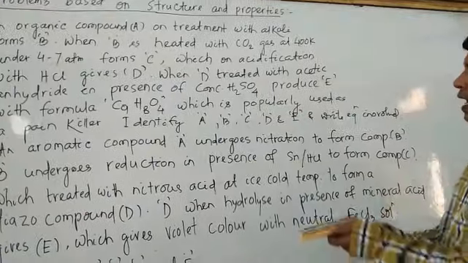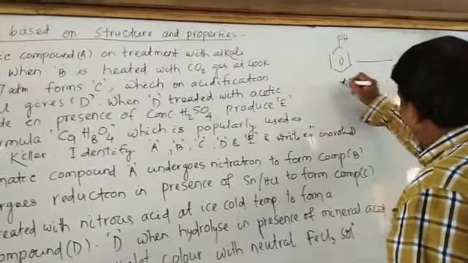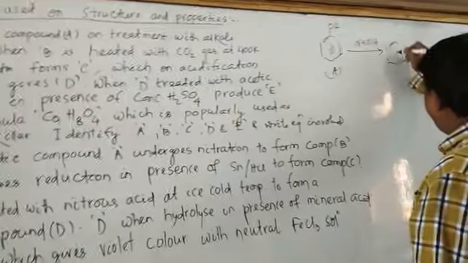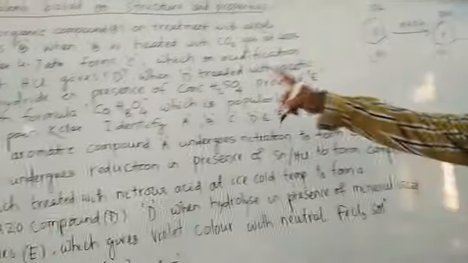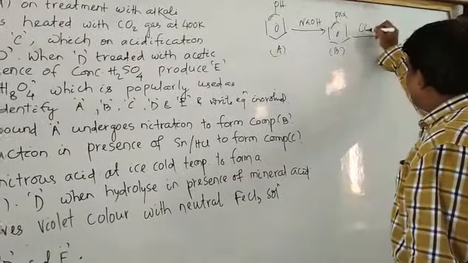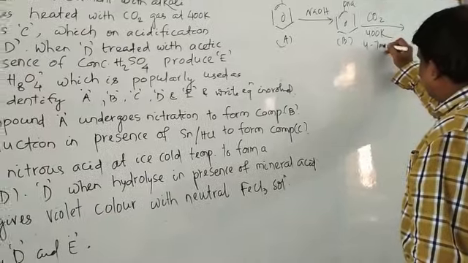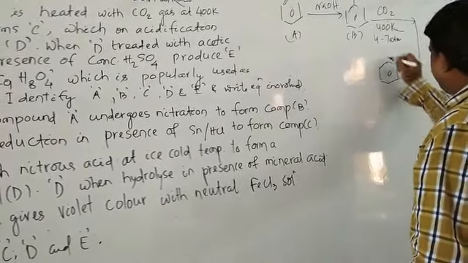That means A is phenol. Mark the equation. A, phenol, is treated with alkali, sodium hydroxide, to form sodium phenoxide. It is known as B. This sodium phenoxide is heated with carbon dioxide gas at 400 Kelvin, 4 to 7 atmospheric pressure, and sodium salicylate is formed.